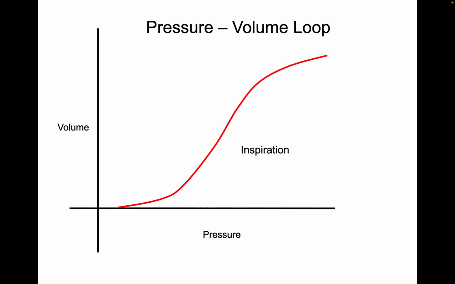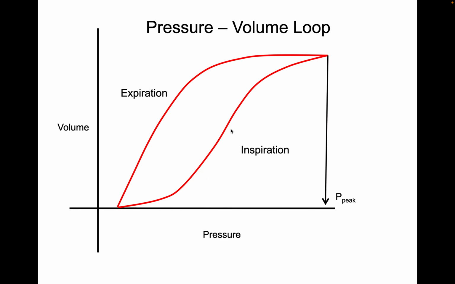As you can see, this particular ascending limb is the inspiration and the descending limb is expiration. This becomes the peak airway pressure and this becomes the corresponding volume at the peak inspiratory pressure.